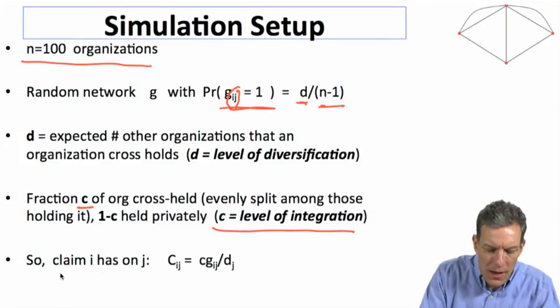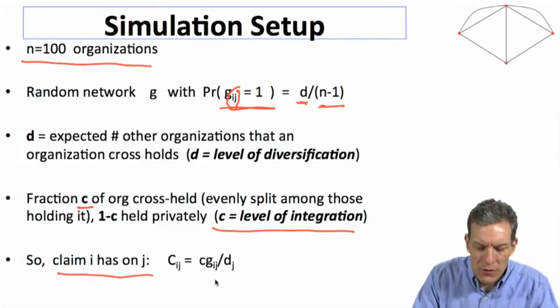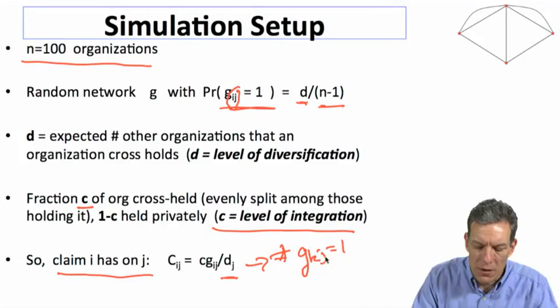So the claim that I has on J, the way we'll do this is we'll split it up by the number of organizations. So D_J will be the number of organizations such that G_KJ is equal to 1.